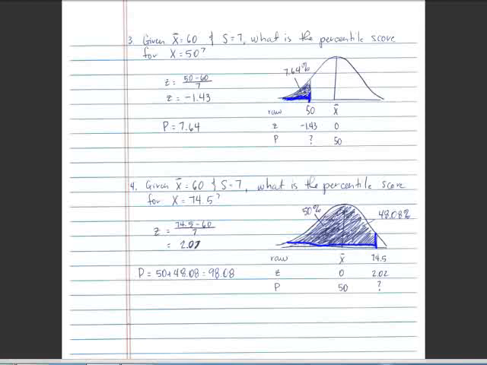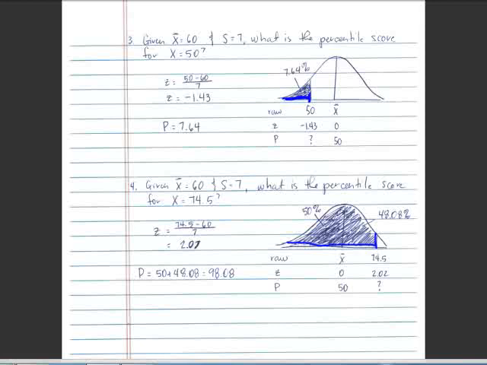So what is at this z and toward the tails. And what I find is that it is 7.64%. So that would be interpreted as 7.64% of the scores were at or below a 50, a raw score of 50.